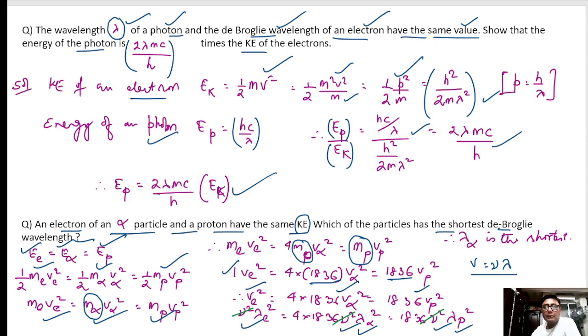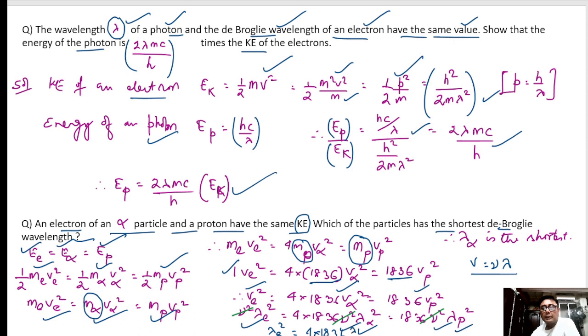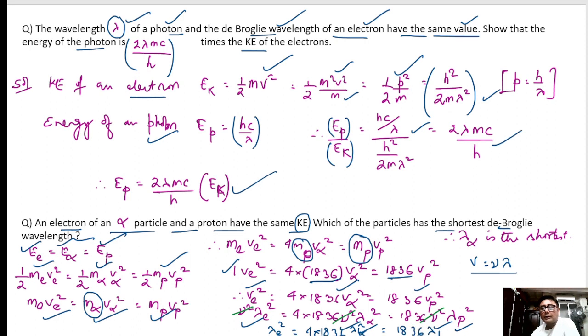So we get lambda E square equal to 4 into 1836 lambda alpha square equal to 1836 lambda P square. So definitely we can see that the shortest wavelength will be for the alpha particle, right?